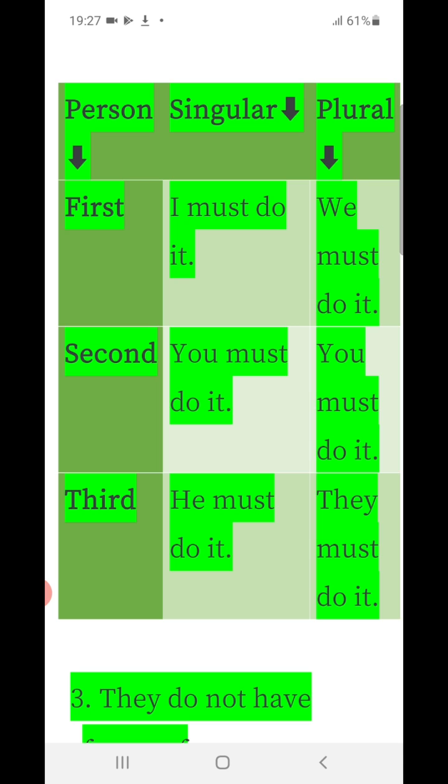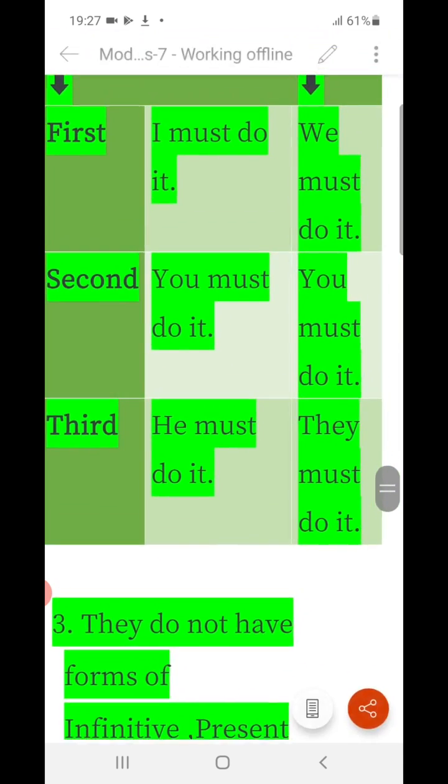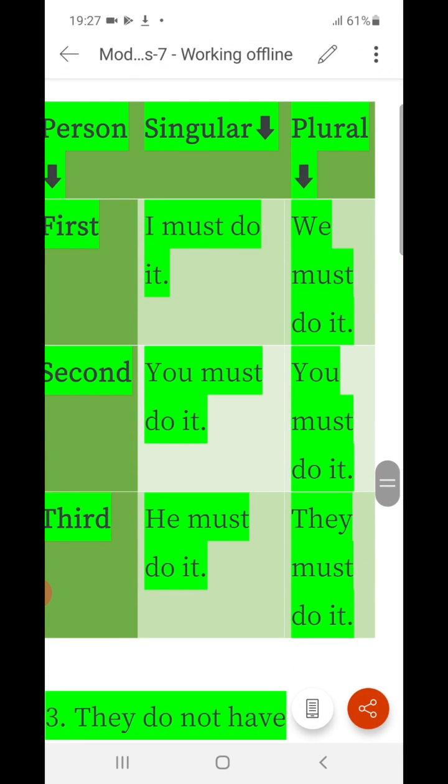Next, third person, singular form. He must do it. So the subject is in singular form, he. Okay? Here, must is remaining same.